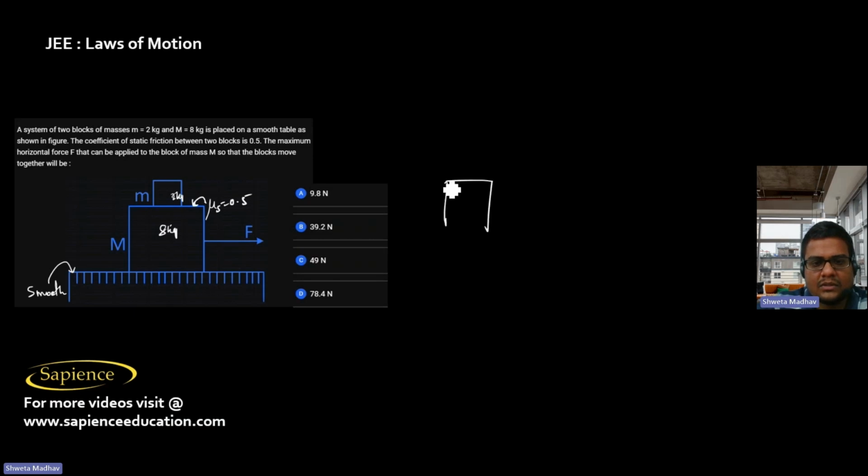So if we draw the free body diagram of the mass capital M, then here we will have mg, here we will have normal reaction, and the normal reaction of the ground will also act upwards, that is N1 suppose, and this is F, and here we will have friction Fs, the static friction.